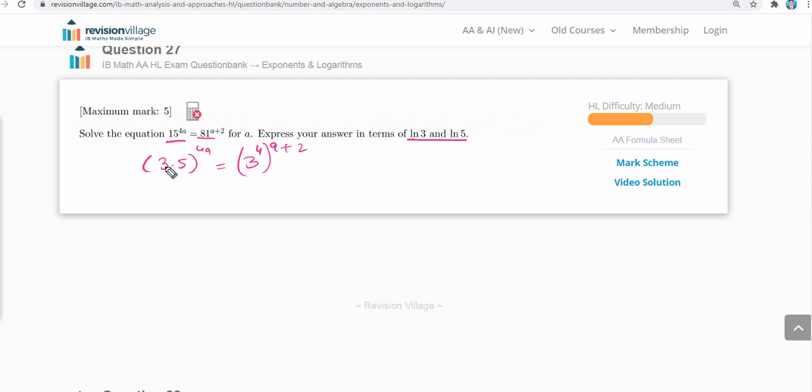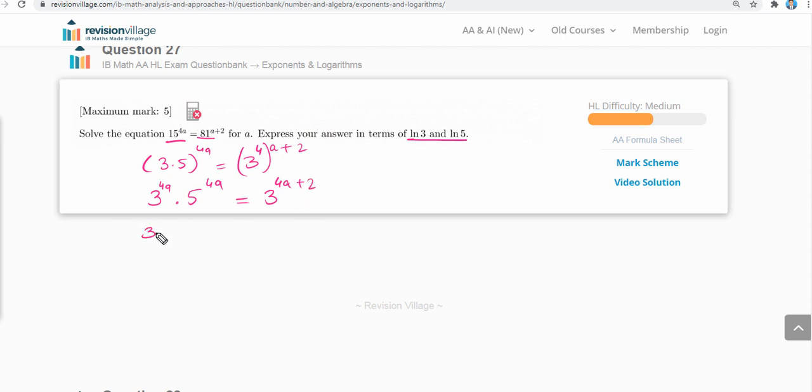Alright, so over here on the left side I'll have 3 to the power of 4a times 5 to the power of 4a, and on the right side I will have 3 to the power of 4 times a plus 2, so it will be like 3 to the power of 4a plus 2.